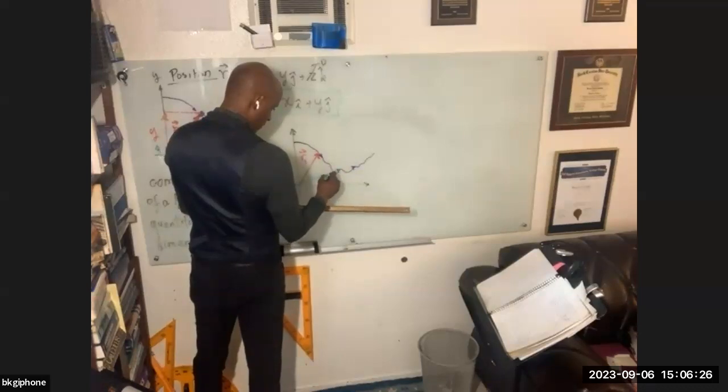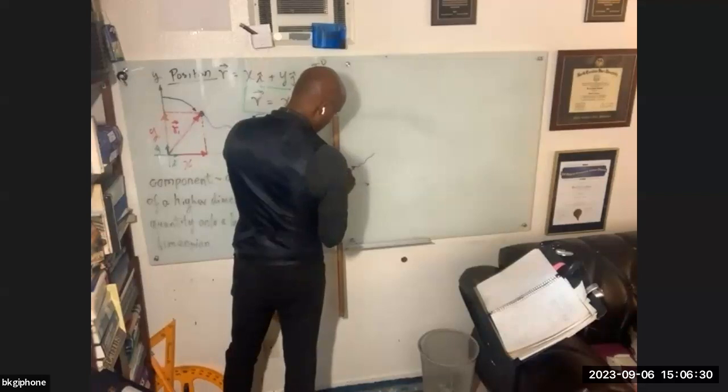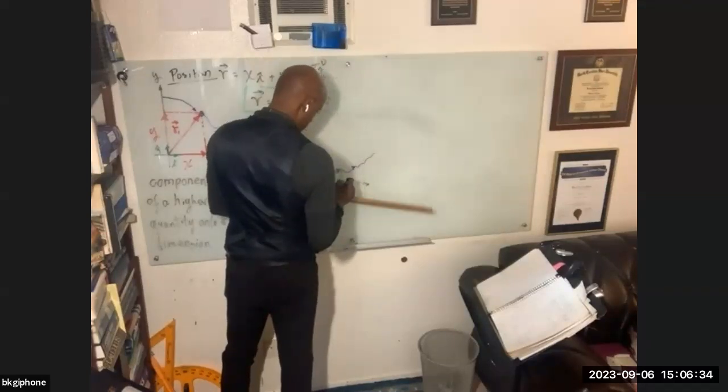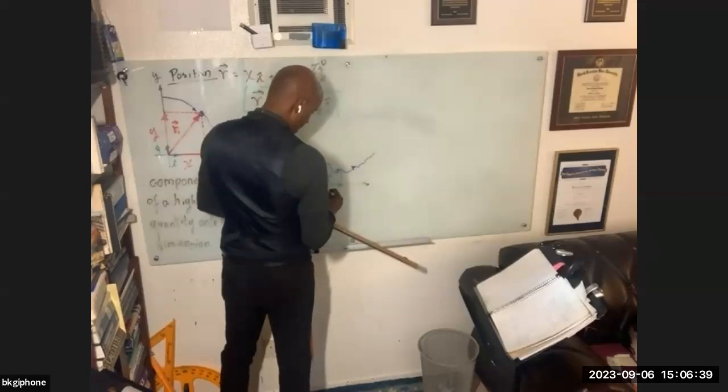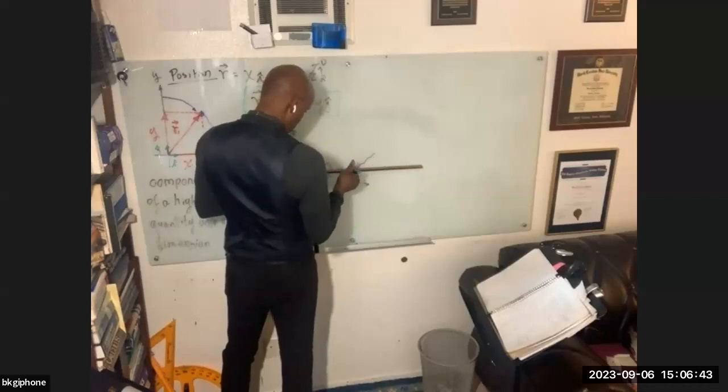For R2, we project down here, and we get X2, and here we get Y2.